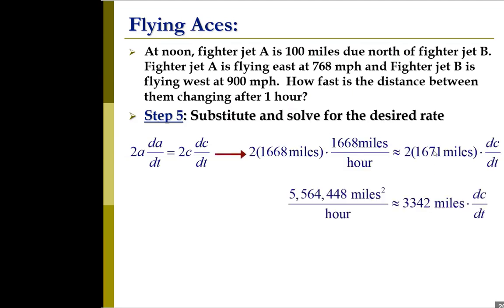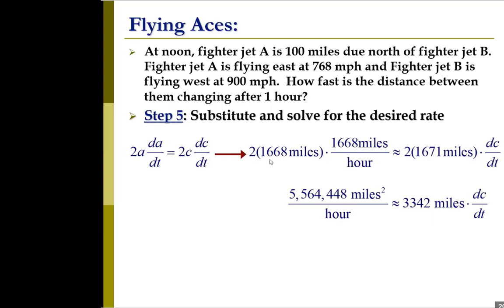So here, it's going to be 2 times A, which was 1,668, times dA/dt, the rate at which A, the latitudinal distance, is changing, which is 1,668 miles per hour, which is equal to 2 times our C, our diagonal at that point in time, 1,671 miles, times dc/dt, and we're solving for dc/dt.